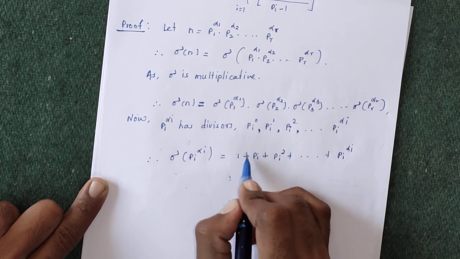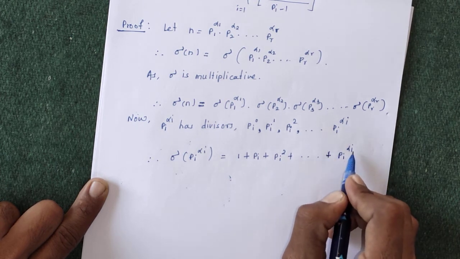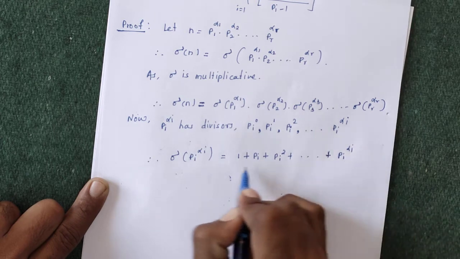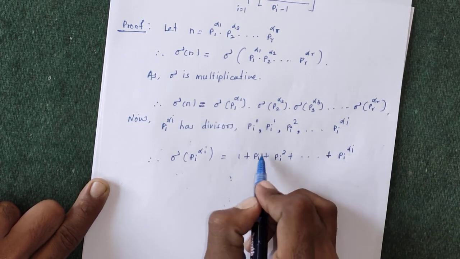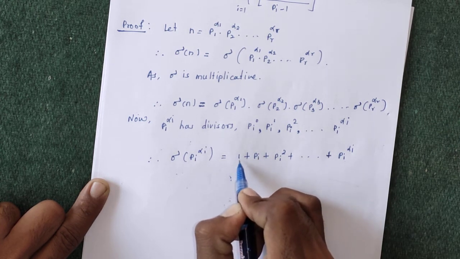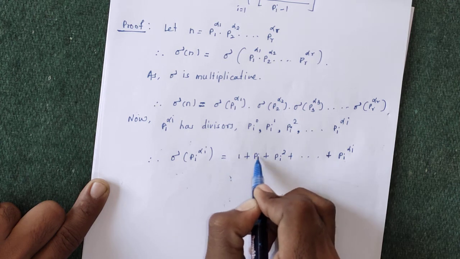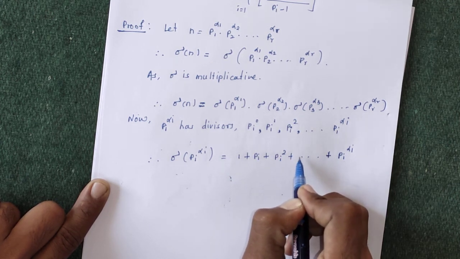Now, this 1 plus pi plus pi square plus up to pi to the power alpha i is clearly a geometric series with common ratio pi. That is, 1 into pi is pi, then pi into pi is pi square, then pi square into pi is pi cube.